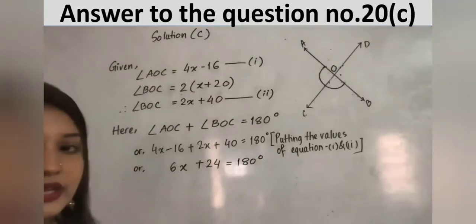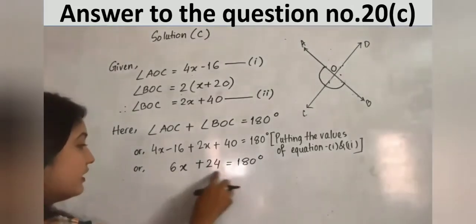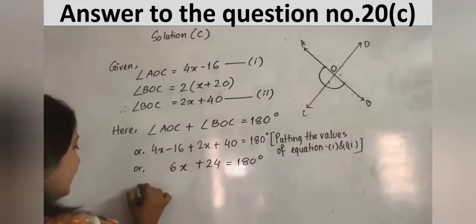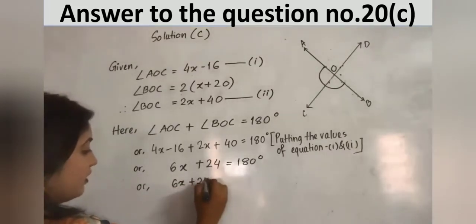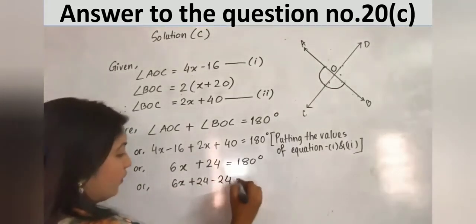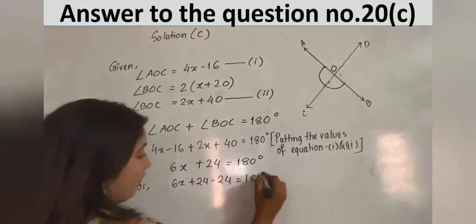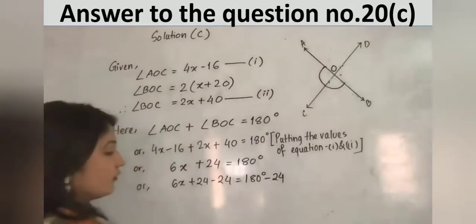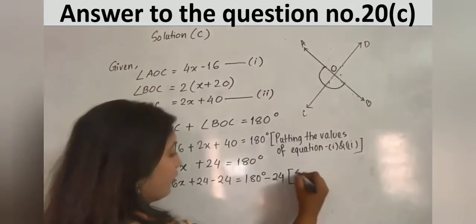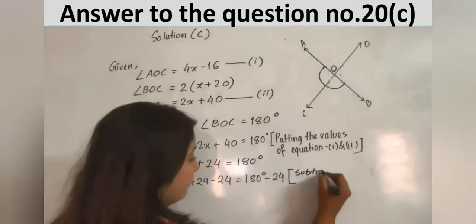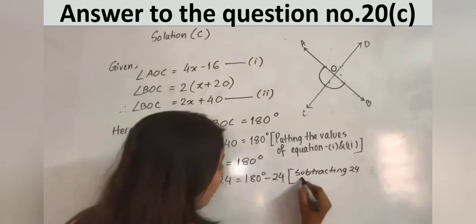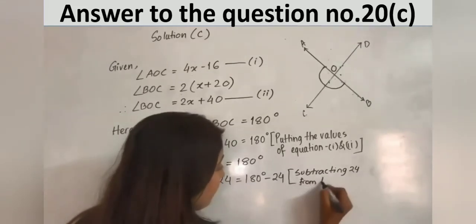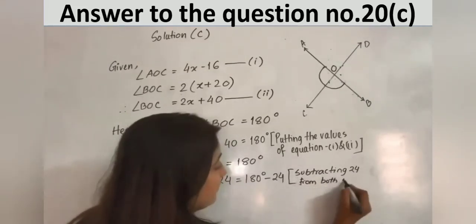Now what we have to do is remove this 24. So I will just subtract 24 from both the sides. Here in the side note you have to write subtracting 24 from both sides.